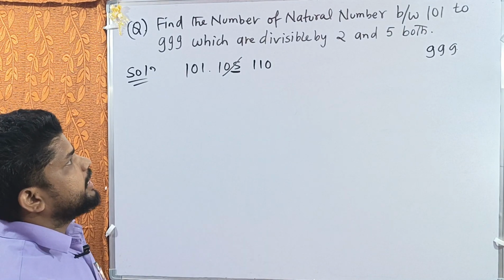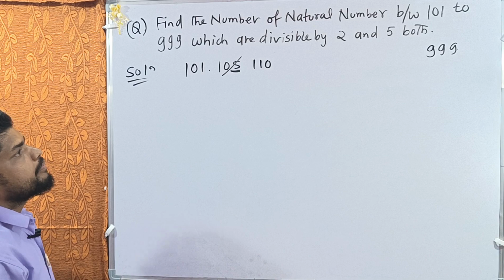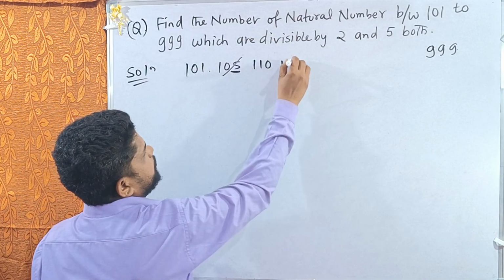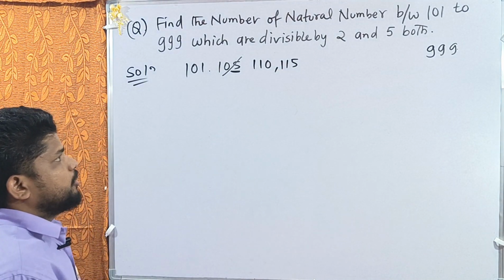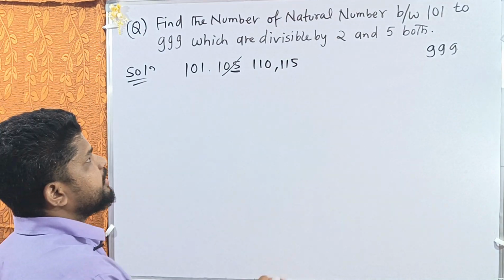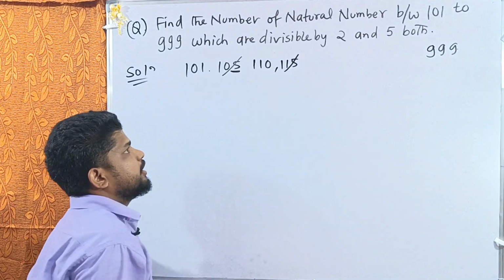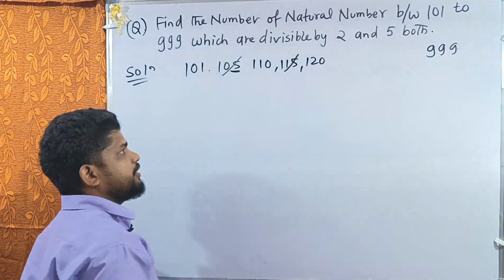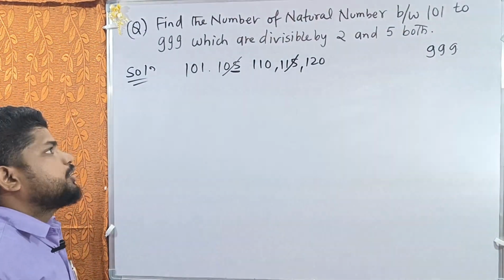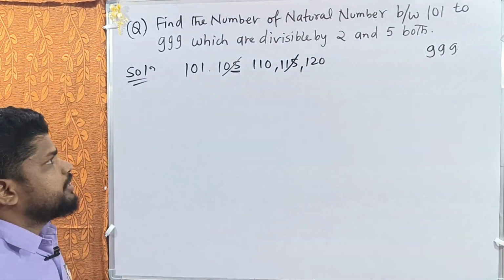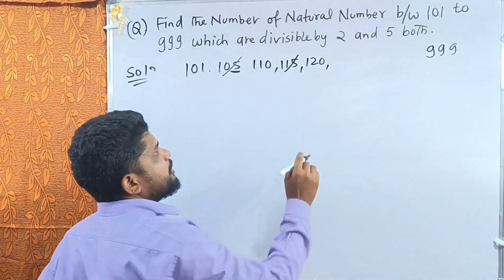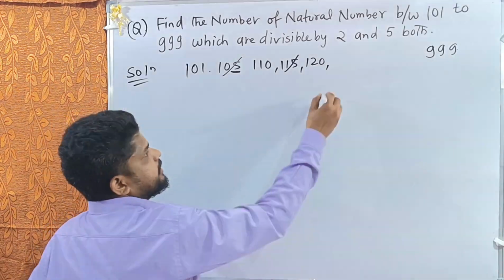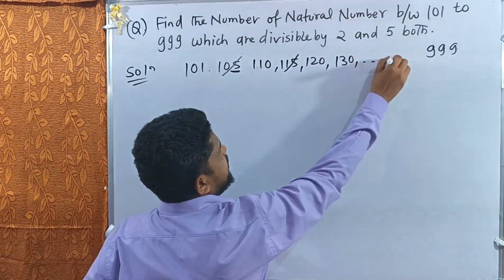The next number which is divisible by 5 is 115, but 115 is not divisible by 2, so it will not be considered. 120 is divisible by 5 and by 2 also. Now the next one, 125, is also not divisible by 2, so the next one will be 130, and this will go on repeatedly.